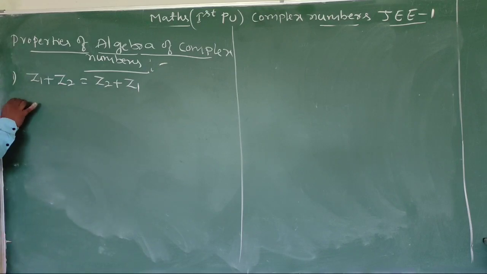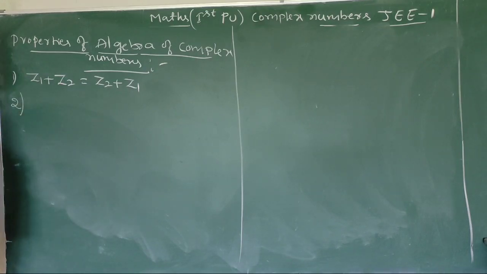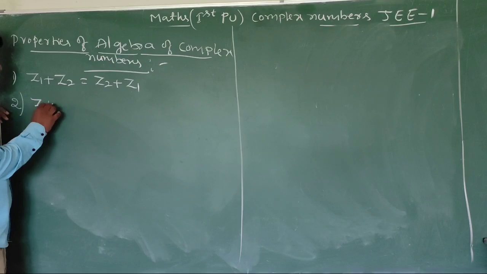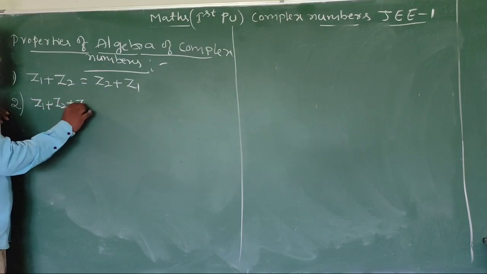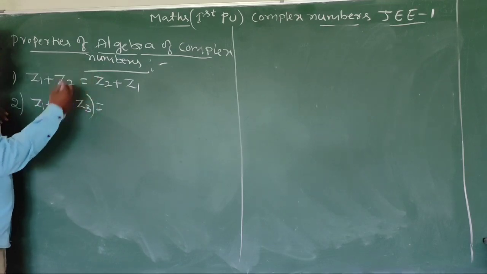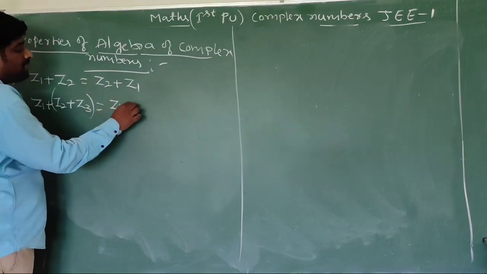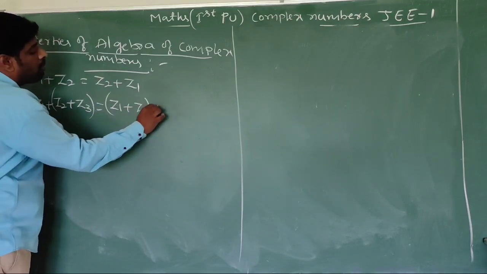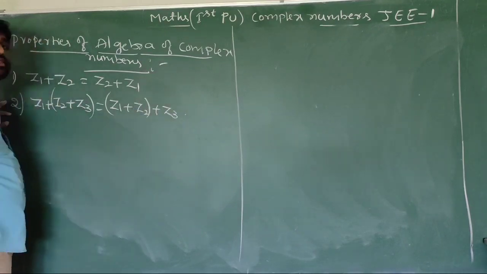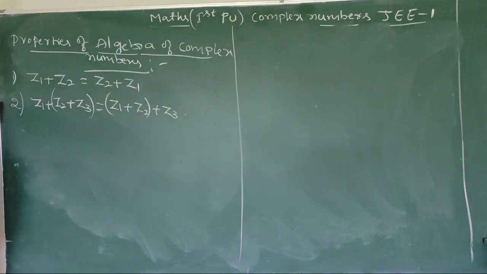Next property is associative law, also satisfied, that is z1 plus z2 plus z3 is equal to z1 plus z2 plus z3 grouped differently. This is associative law.